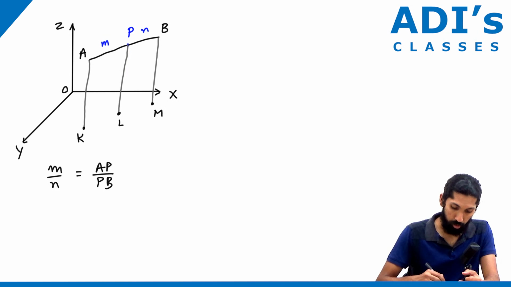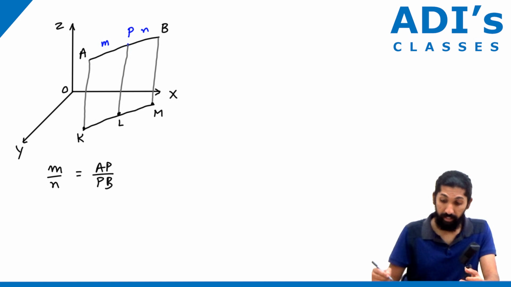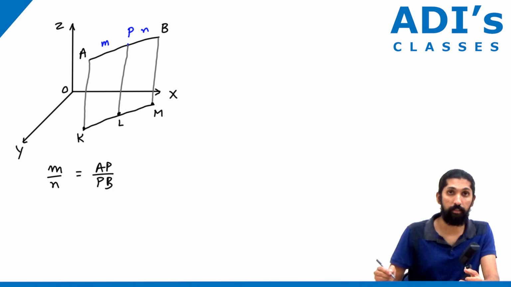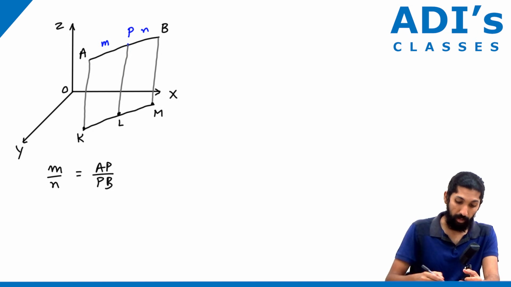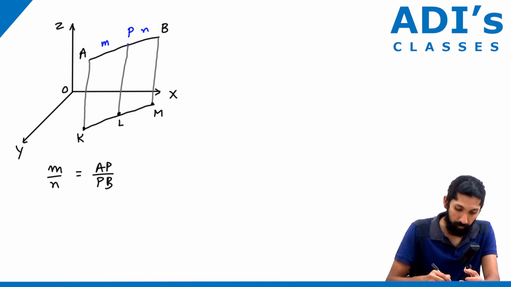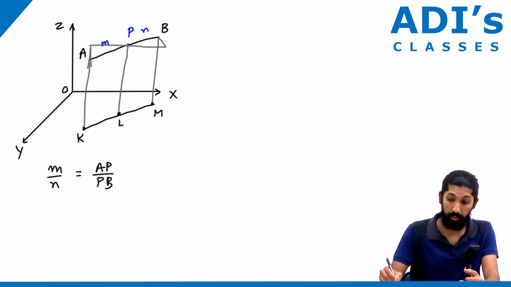Now what we'll do, join this K, L and M. Okay, now join this one. Now in 3 dimension, remember, everything is in 3D. Now we are going to draw a line parallel to KM. So something like this. Or rather you can also write it something like this.